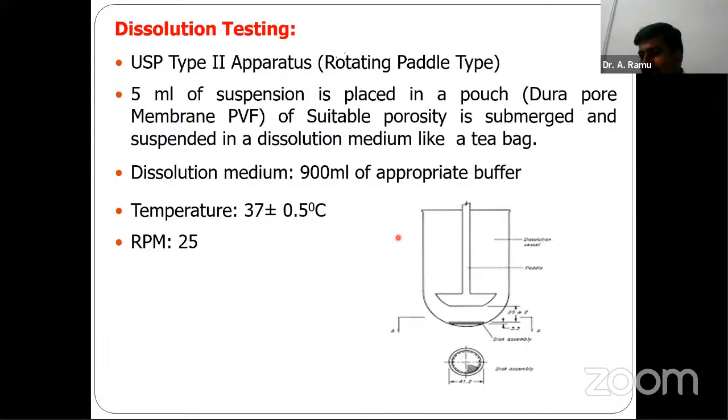This is a test which is still under development for suspensions. But to know the drug release from the suspension, you can perform this dissolution testing also. So these are the various unofficial tests that are to be performed for suspensions.